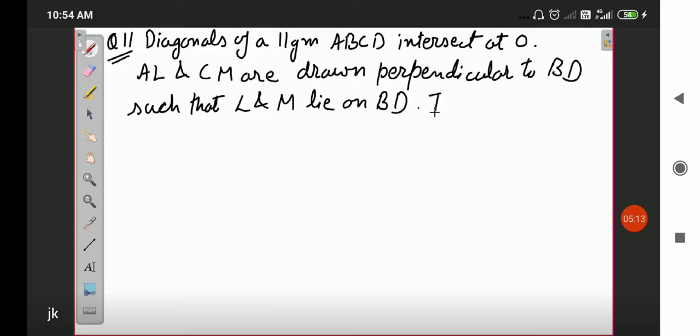We have to check whether AL and CM are equal.